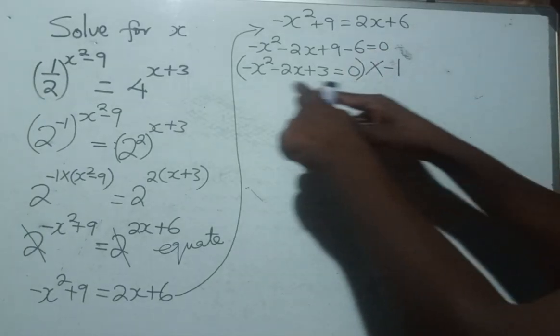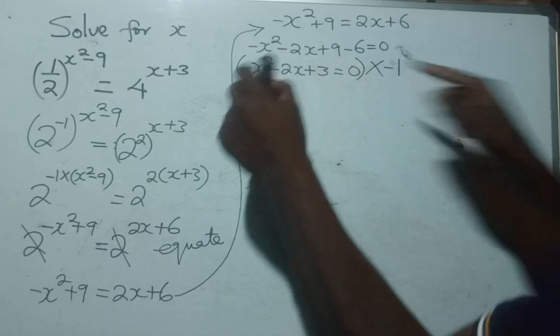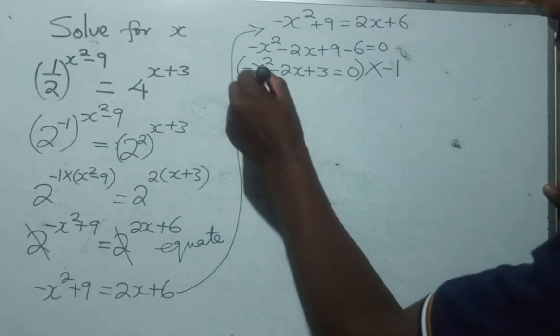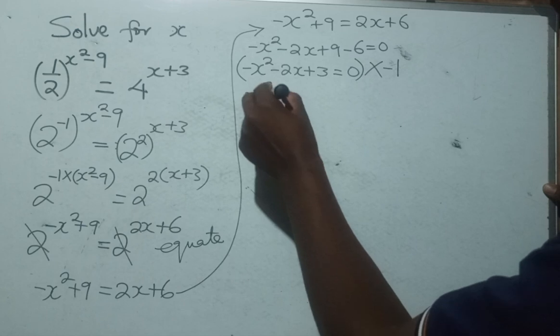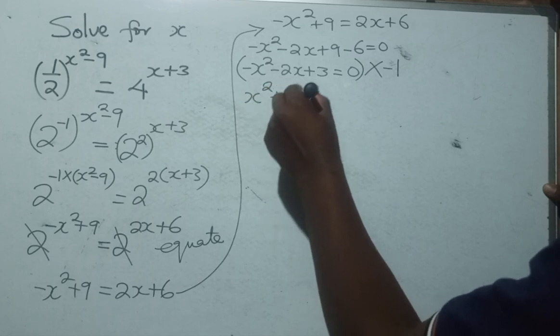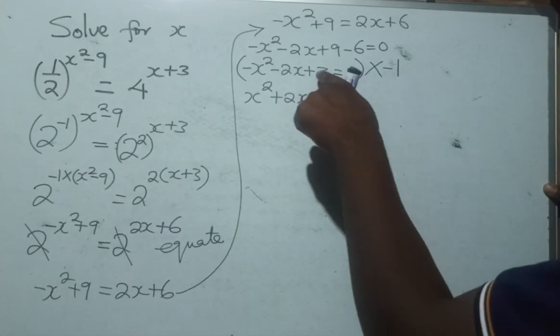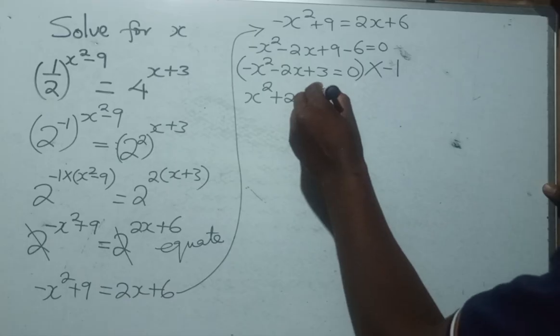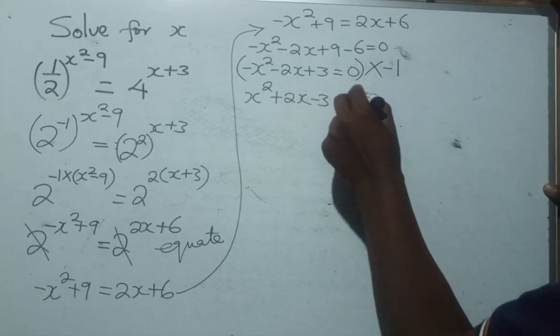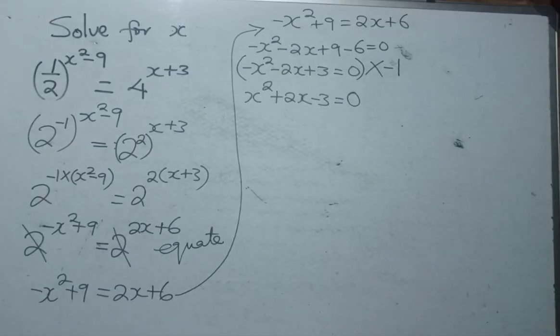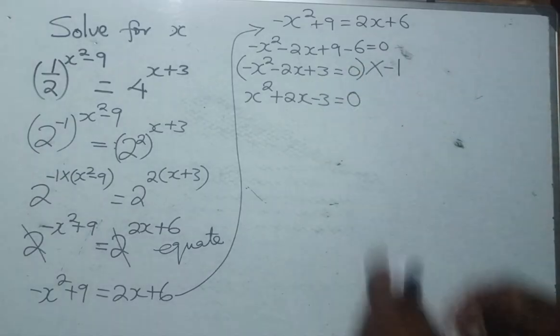So −1 times −x² gives positive x². −1 times −2x is positive 2x. −1 times 3 is −3. Then equals −1 times 0. Anything times 0 in this world or the world to come will always be 0. So this is what we have now.